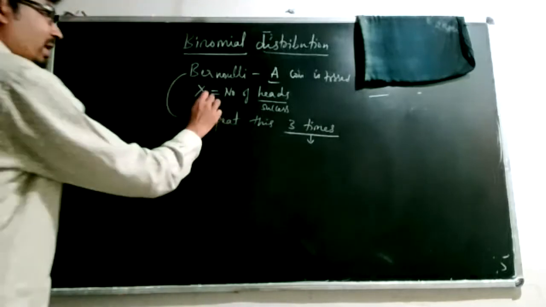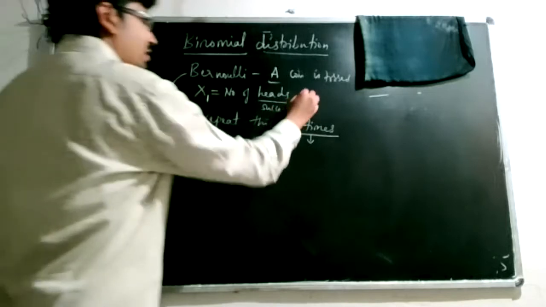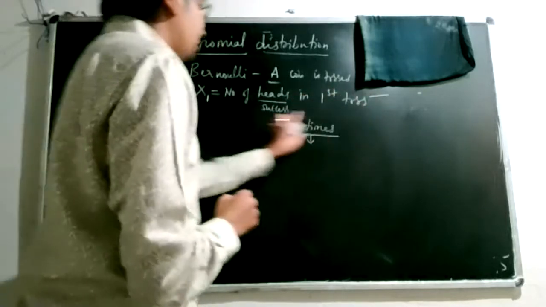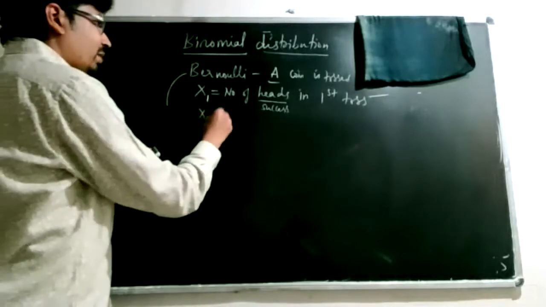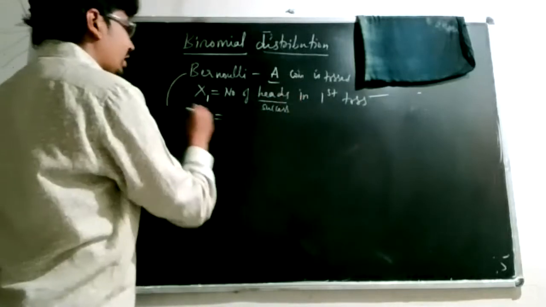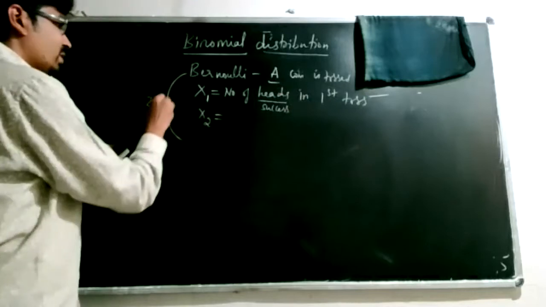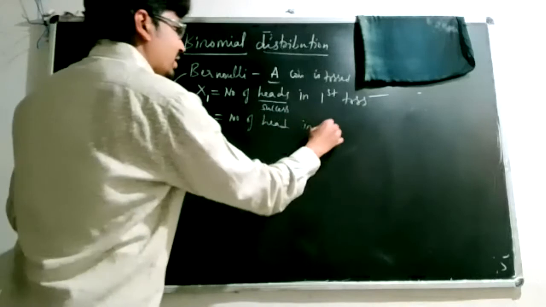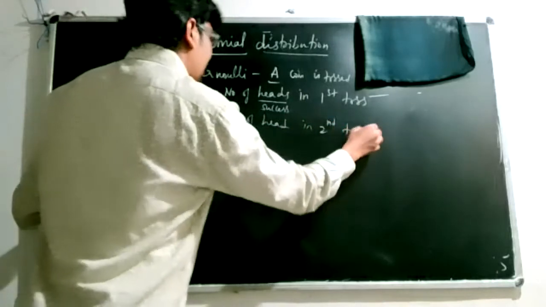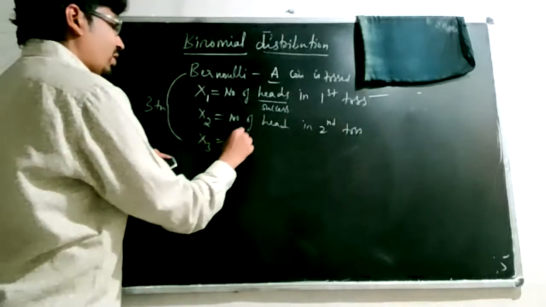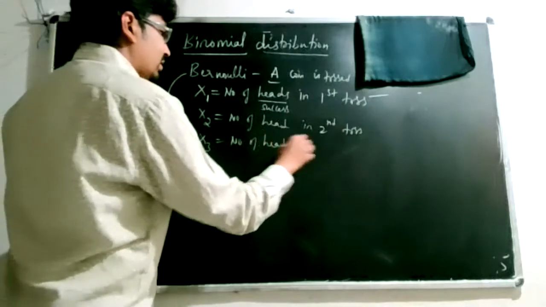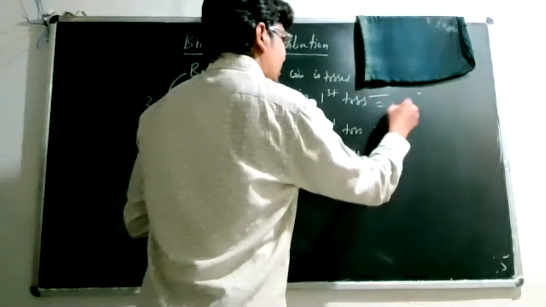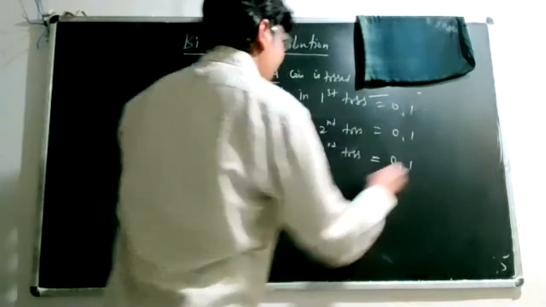So if I say x1 is the number of heads in the first toss, x2 is another Bernoulli because I'm tossing the same coin 3 times. So x2 is again the number of heads, but in the second toss. x3 is the number of heads in the third toss. So each of these x1, x2, x3 could be either 0 or 1.